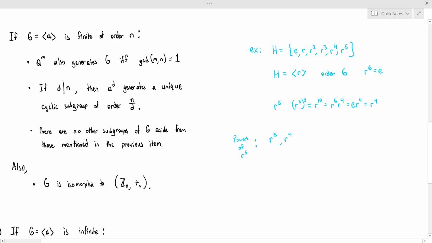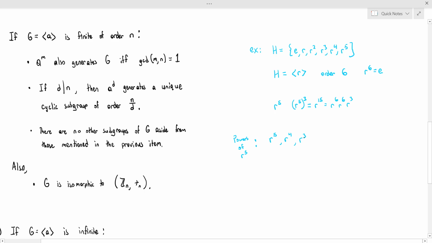Next let's consider r to the 5th power cubed. That would be the same as r to a power of 15, which I could imagine is r to the 6th times r to the 6th, and then times r cubed. Each of these is the identity, so multiplying it all out will just leave you with r cubed.